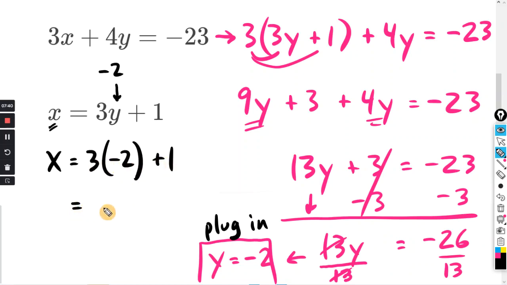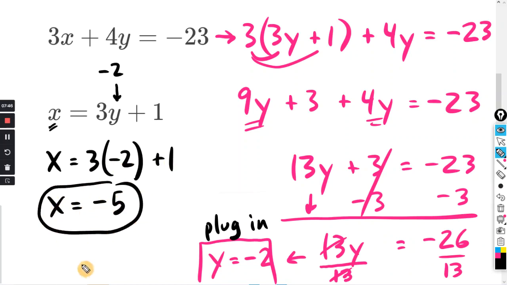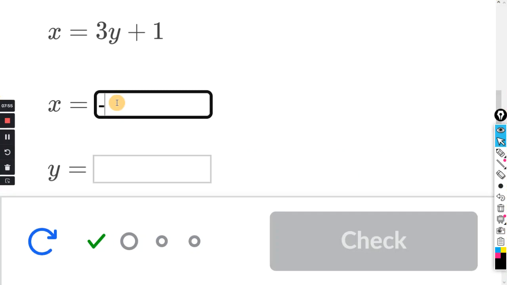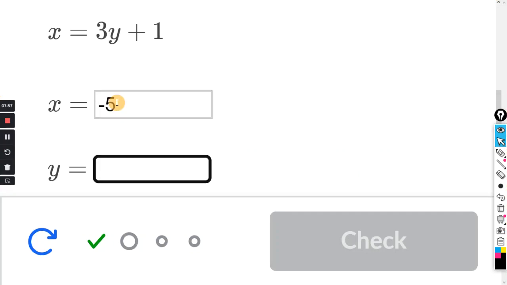That's going to be negative 6 plus 1, which is negative 5. Okay, so x is negative 5, y is negative 2. Negative 5, hit tab, and negative 2.